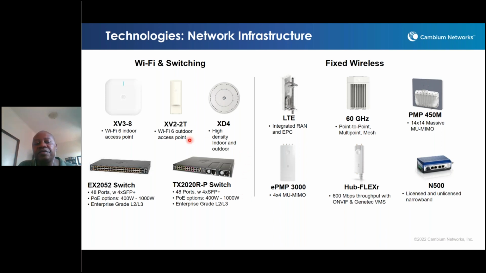Okay. So on the far left, we have indoor Wi-Fi 6 access points, what we call the XV3-8, I beg your pardon, we're so much in love with the 2-2, sorry. And then we have the XV2-2, which is an outdoor Wi-Fi 6 access point. Again, a major breakthrough was the way we designed the unit. You can see it's elongated, and that's by design.